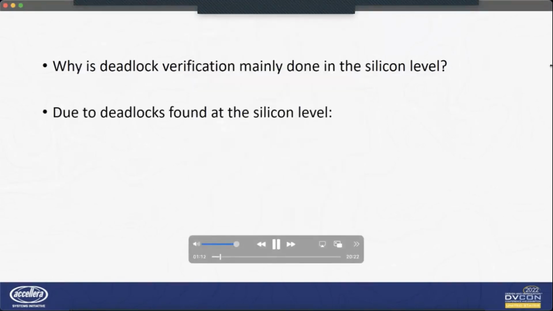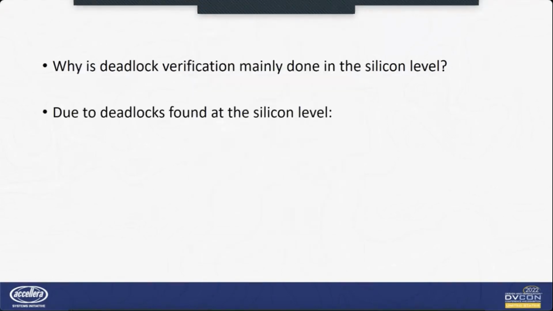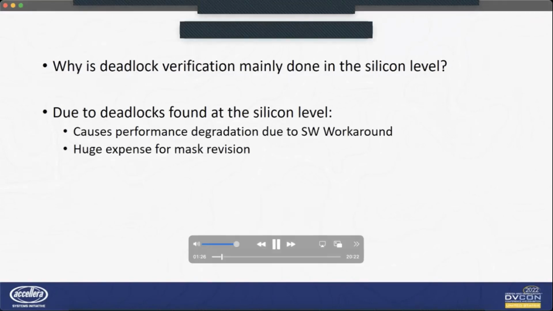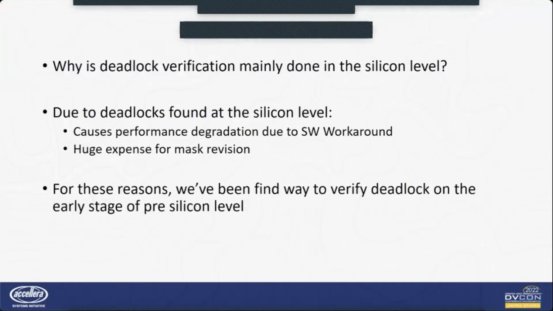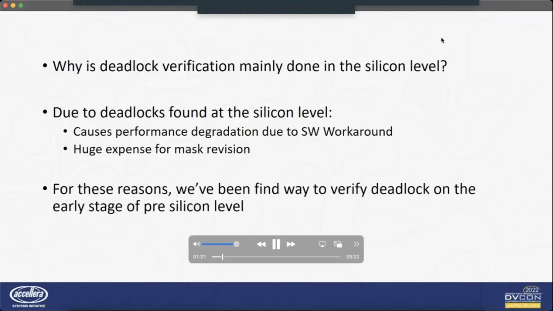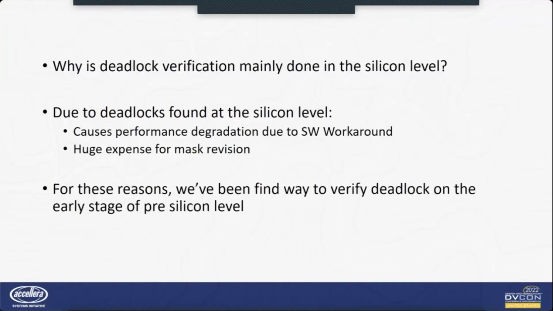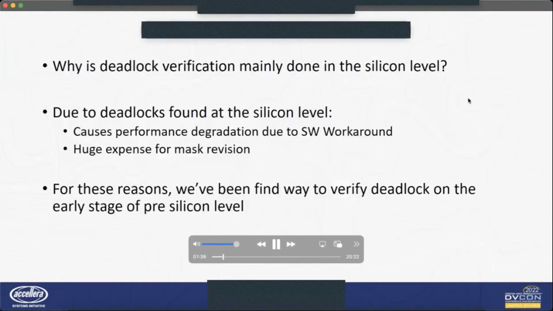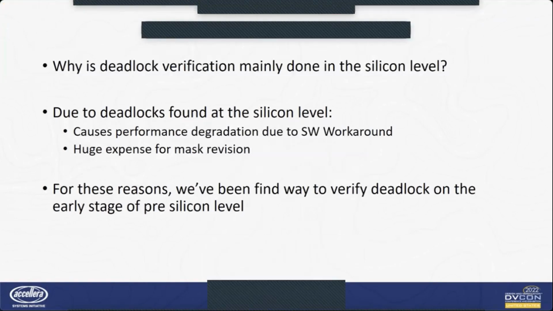If the deadlock is found at the post-silicon level, if you are lucky, you can avoid the deadlock through a software workaround, but it usually has side effects such as performance degradation or functional deletions. For this reason, many semiconductor manufacturers and EDA vendors have been researching methods to perform deadlock verification at the pre-silicon level.